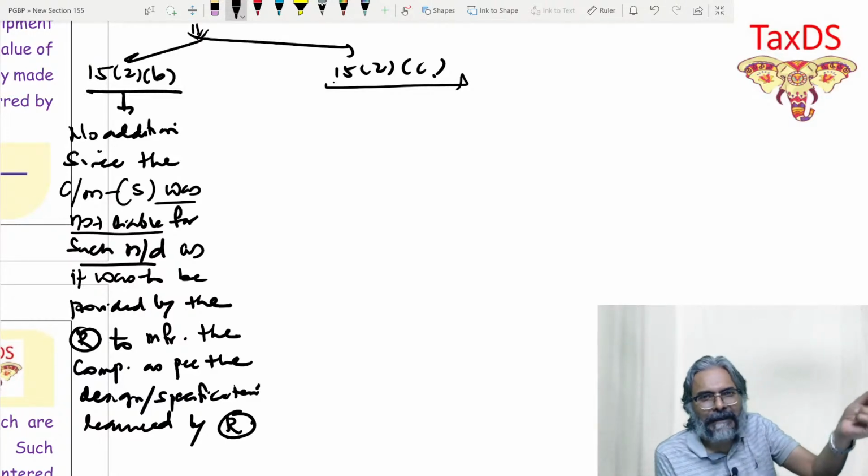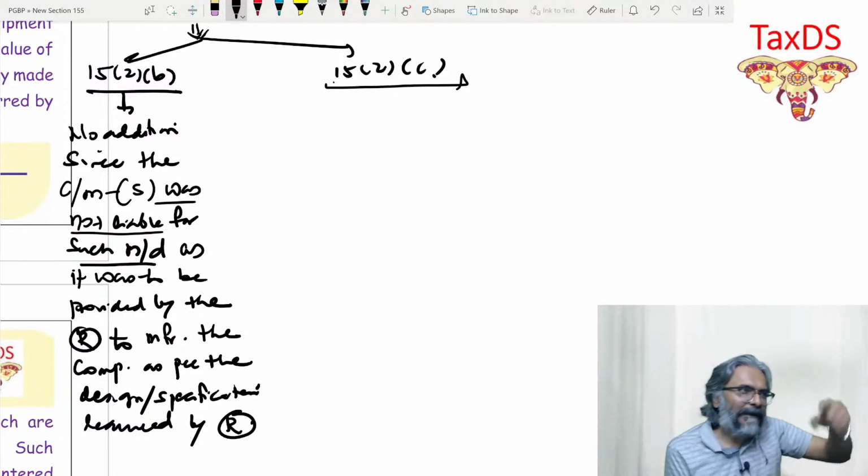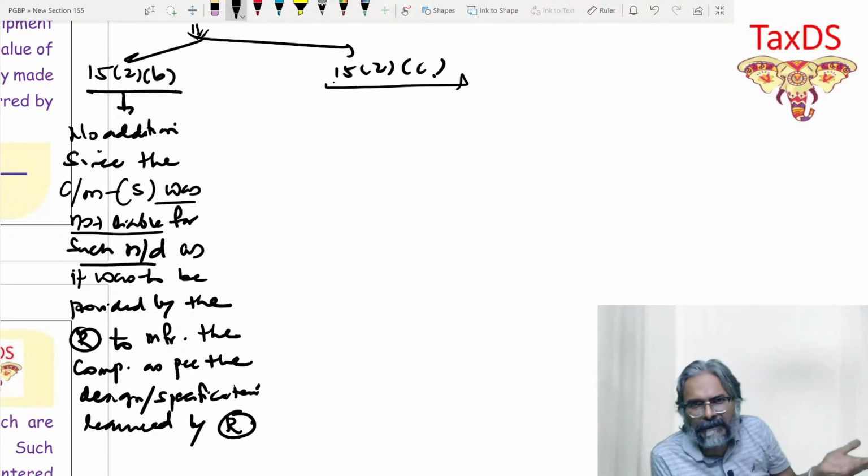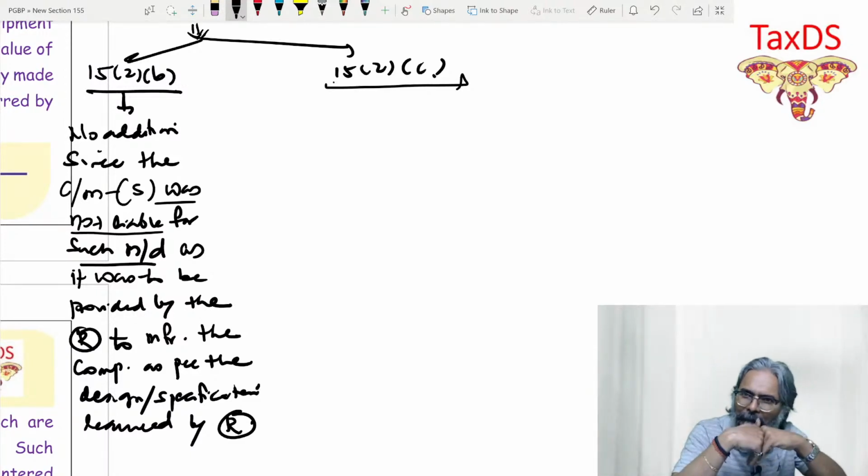There is no such thing that for company A a different size of battery is made and for company B a different size. It is a standard size battery applicable for all companies.